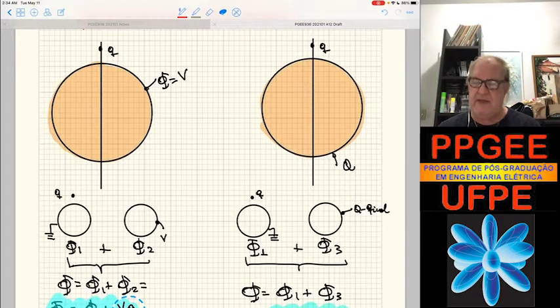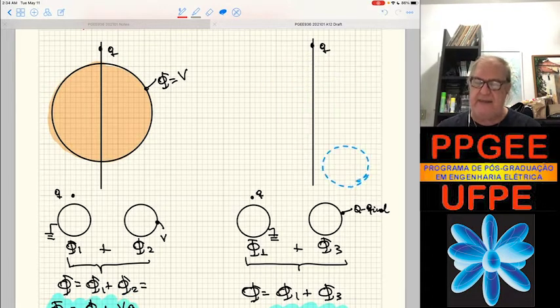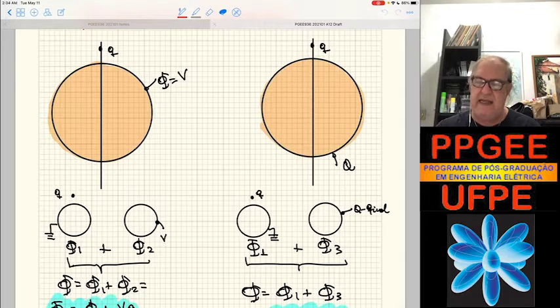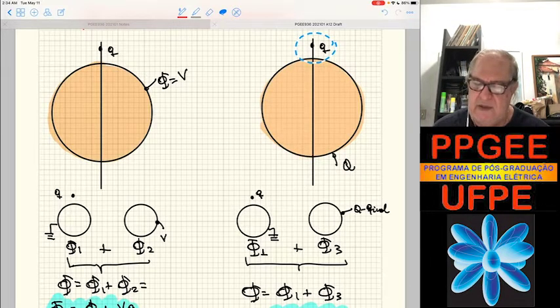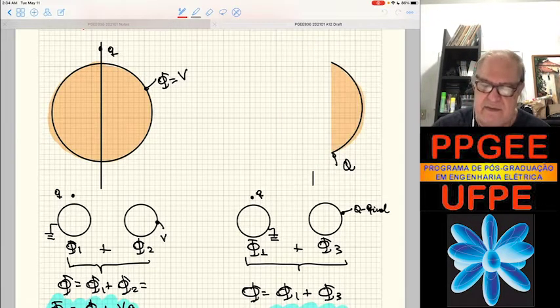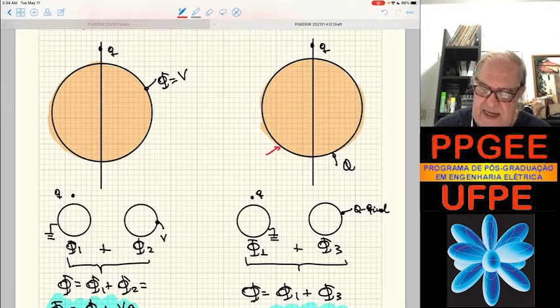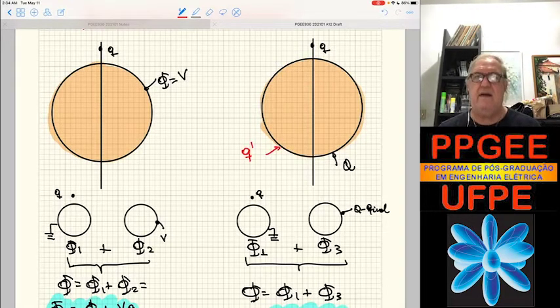We just have to break the charge into a part that is a non-uniform distribution induced by Q. So there's one part here which is Q prime, which is a charge on the sphere due to the presence of Q. The remaining part is going to be uniformly distributed.